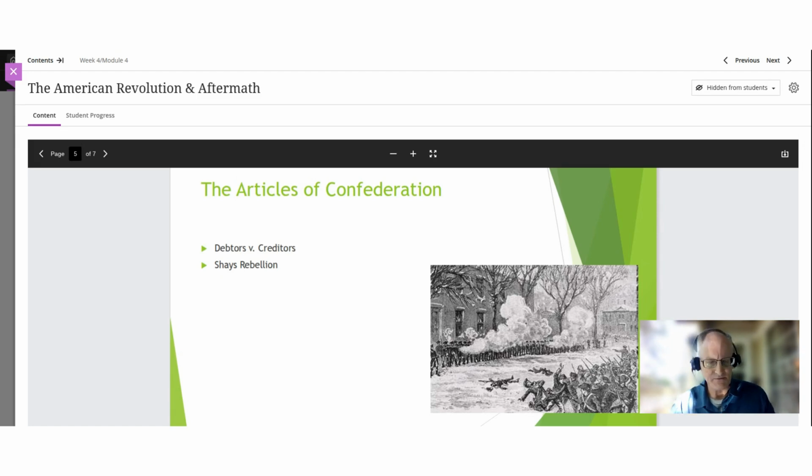They had borrowed money from overseas lenders, including not only France, but also the Dutch Republic. They had negotiated treaties and created an alliance with France in 1778. And this was all done without clear authority stating that the Second Continental Congress had a right to do so.